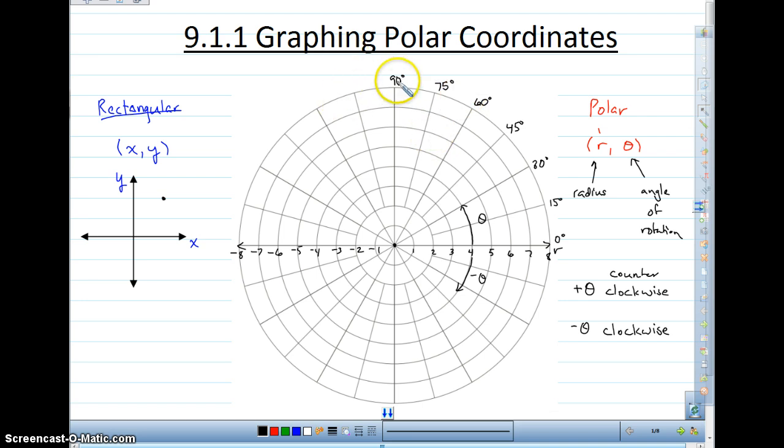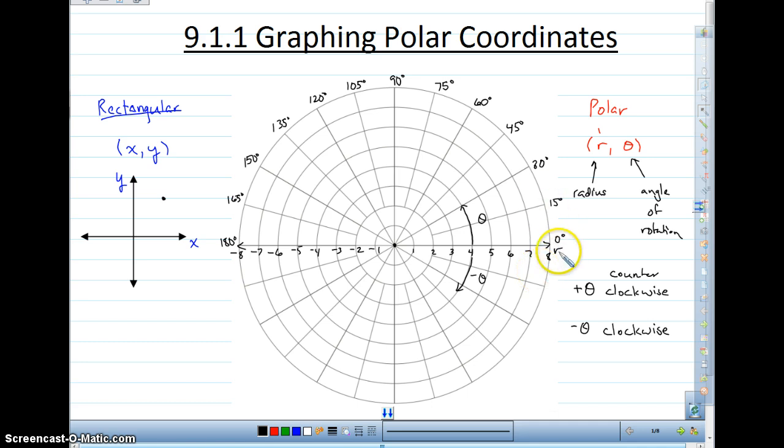And we could keep going. If we were to continue in the positive direction, 15 more degrees would be 105, 120, 135, 150, 165, and then 180. And we continue all the way around to positive 360.